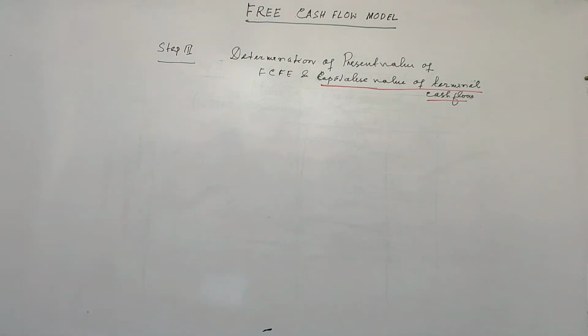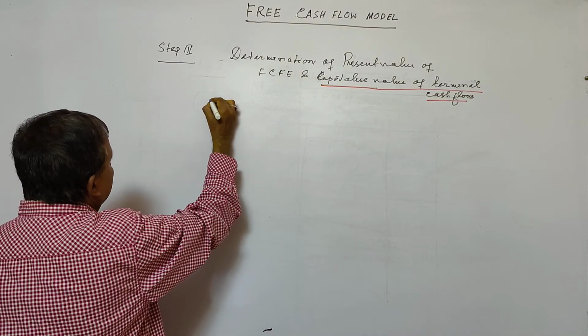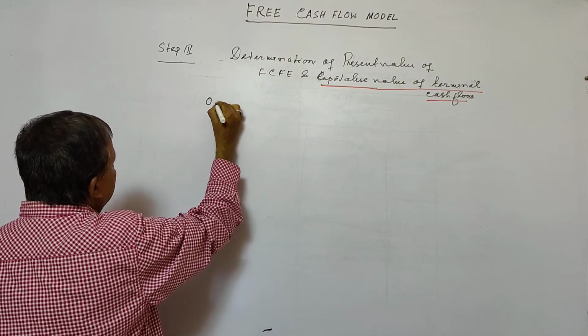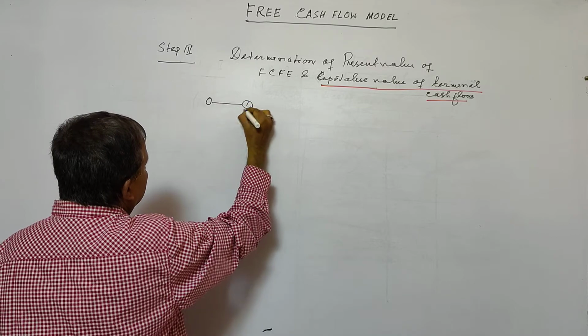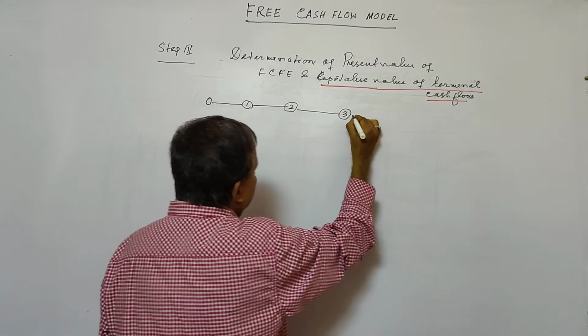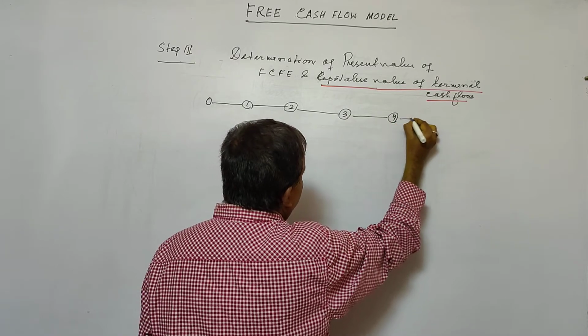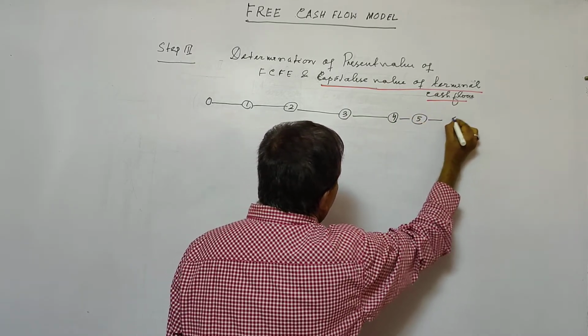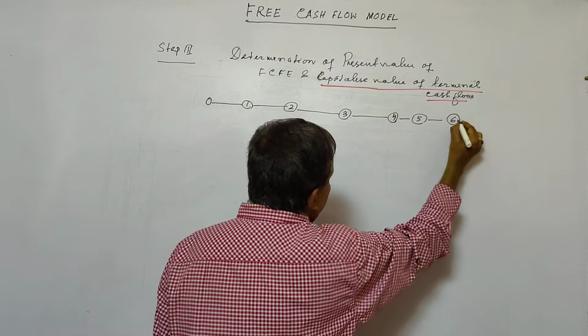So let us see, this is year 0, 1, 2, 3, 4, 5 and this is 6.